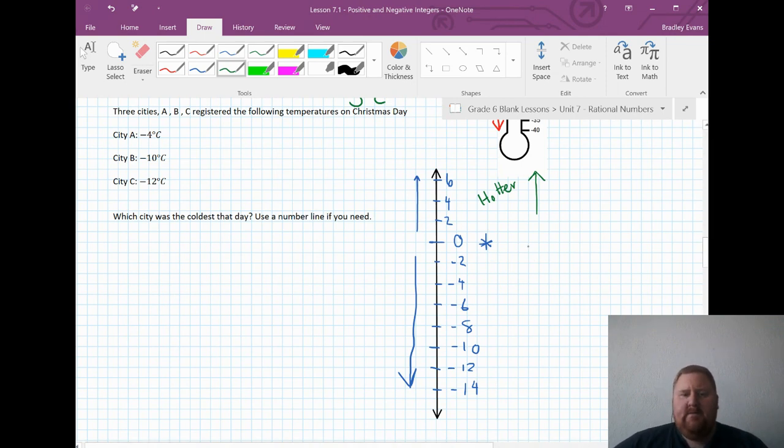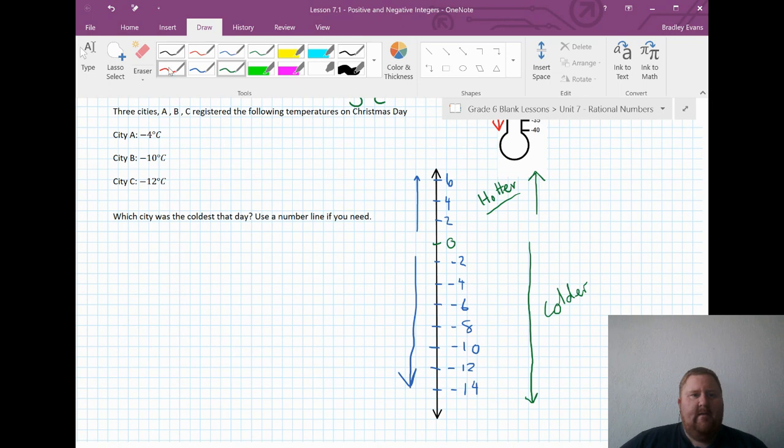But what happens when we go negative? Well, as we go negative, our temperatures here actually get colder. So the further away we get from 0, heading in a positive direction, we're getting hotter. And the further we get away from 0 in a negative direction, we're actually getting colder.